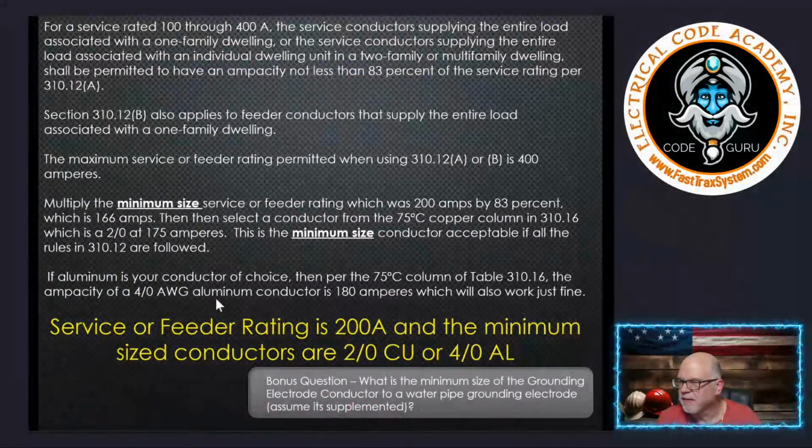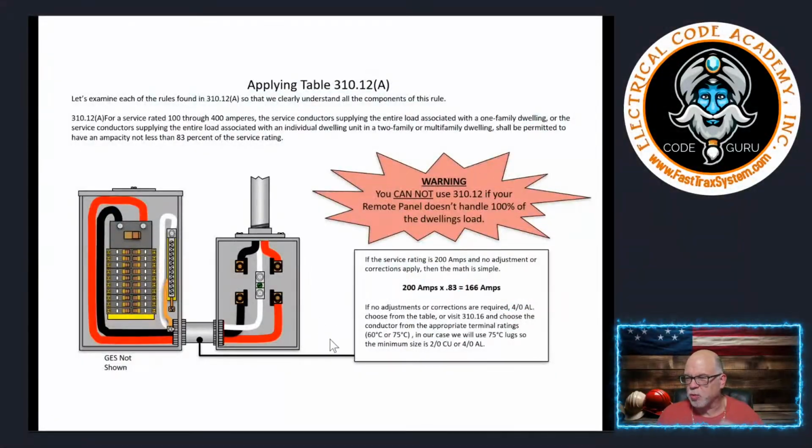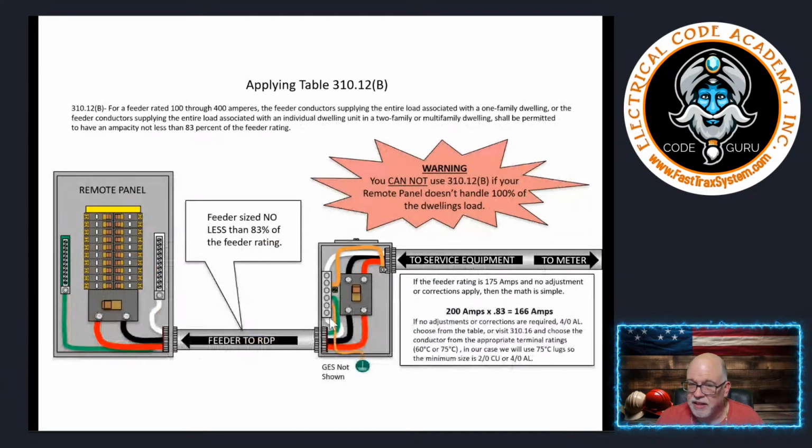Okay. All right, so this is an example I just went through where you take the 200 and multiply it by 83%, and that's how we got the 166. Okay, this most certainly applies here. This is an example of a feeder application, which we didn't look at, but the same rules apply.